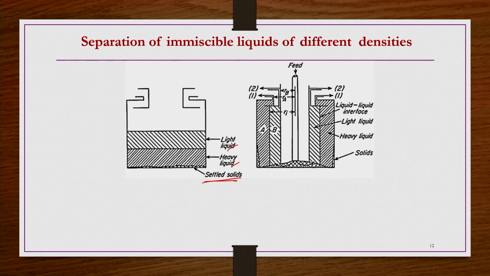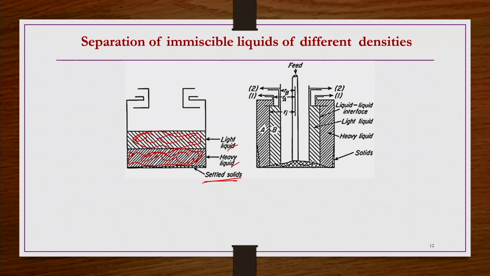When you separate these immiscible liquids by gravity, it will take a very long time, and after that time, the heavier liquid will form a bottom layer, and on top the light liquid will form a layer, so that they can be separated out. But it takes a long time, because in general in immiscible liquids, though the densities are different, the difference in densities of heavier and lighter liquids is not very high.